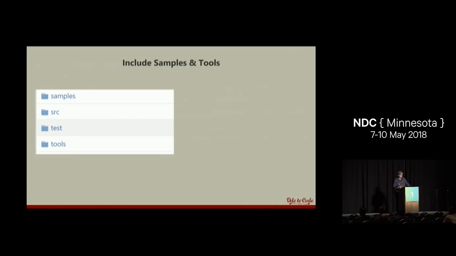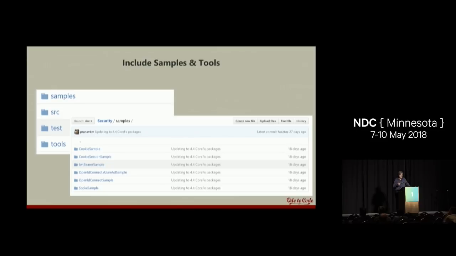The big advantage to me is the other things that you find inside of those GitHub repositories for ASP.NET Core and .NET Core and CoreFX. The samples folder. So when I was trying to understand ASP.NET security and what was happening at a lower level, I went into the GitHub repo, ASP.NET/security, and I found the samples folder.